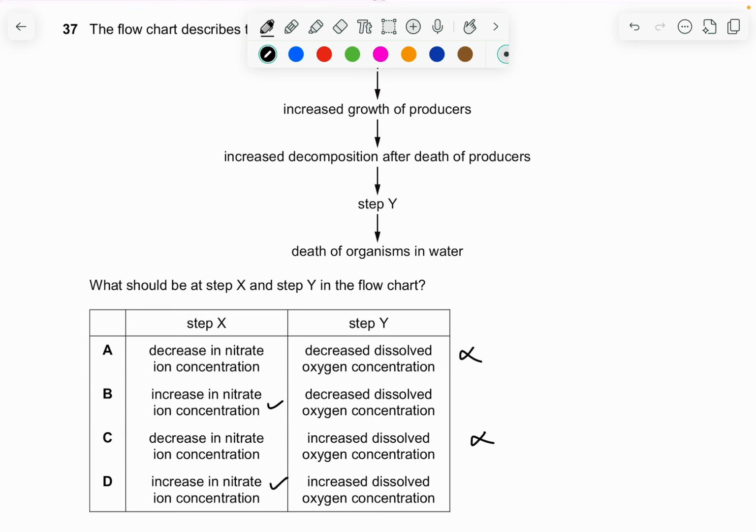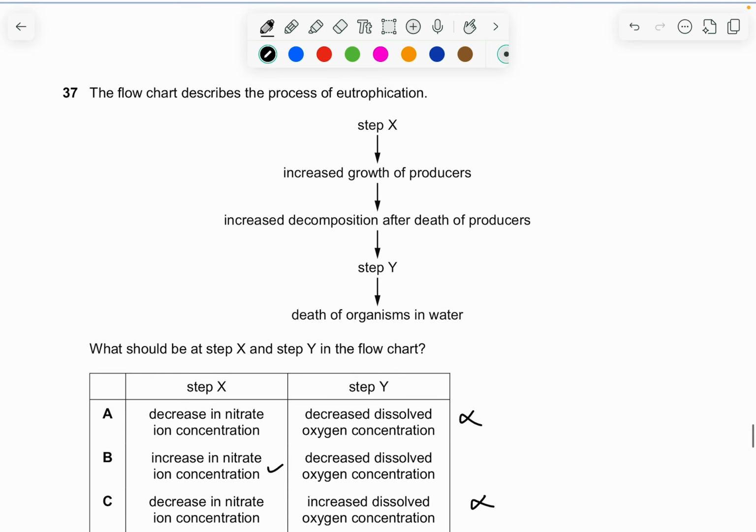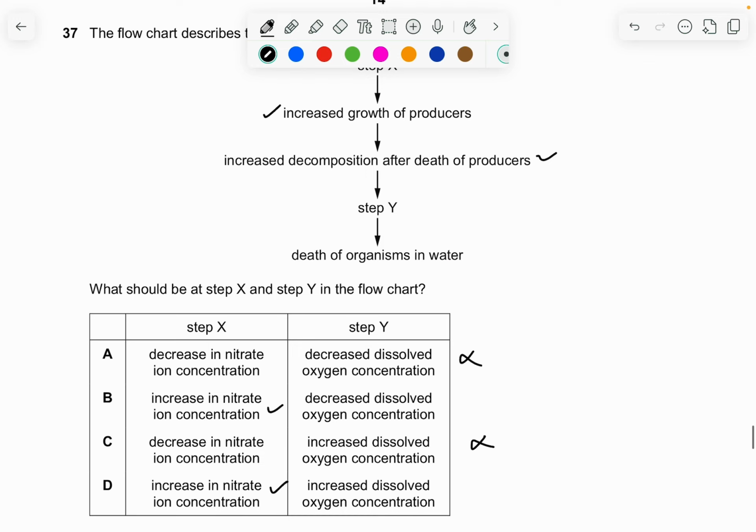So A and C are out. There will be increased growth of producers, and increased decomposition after death of producers. The decomposers will now steal all of the precious oxygen for them to continue decomposing. So there will be a decrease in the dissolved oxygen concentration. So the answer is B, therefore leading to the death of organisms in the water.